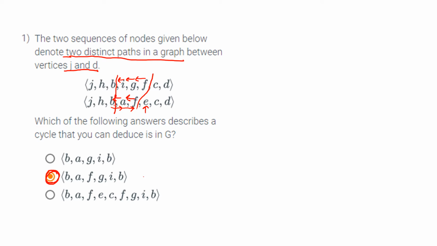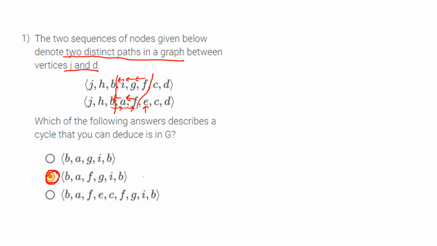So that path that we have here, BAFECFGIB, is in there. We could deduce that that would be a possible way to follow along within that graph.